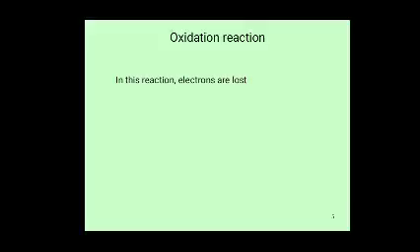Zn + Cu2+ gives Zn2+ + Cu. This is a redox reaction. One is an oxidation reaction, another is a reduction reaction. Zinc loses 2 electrons in its valence shell to form Zn2+. Cu2+ gains 2 electrons to form Cu.